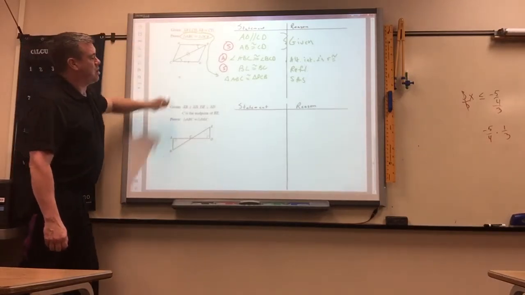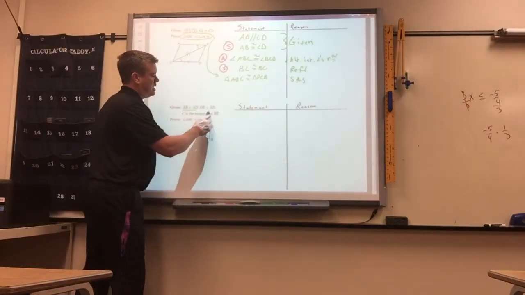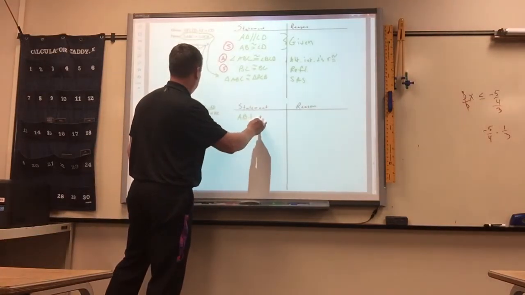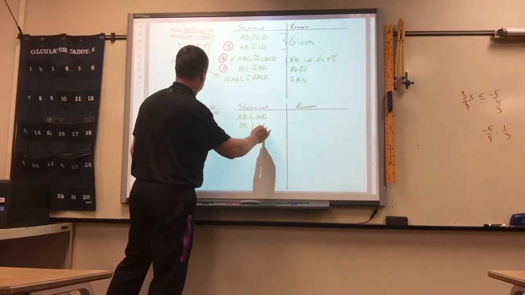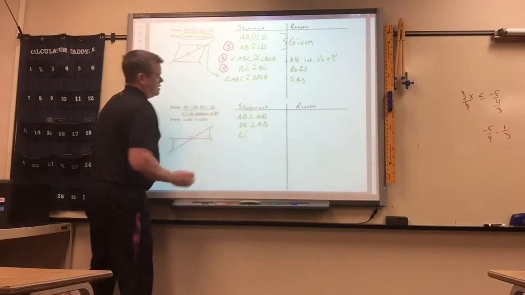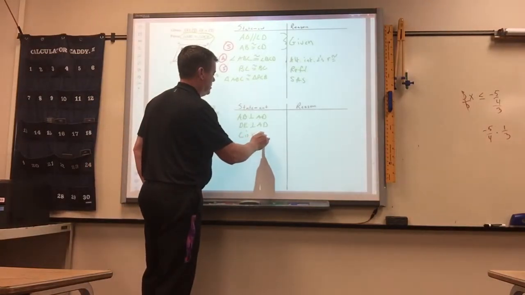So then this last one, they tell us that two lines are perpendicular. And that C is a midpoint of BE.